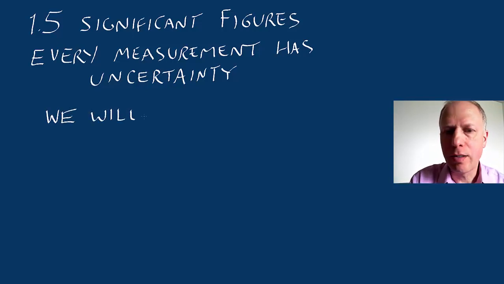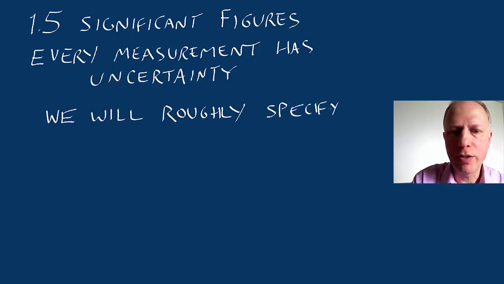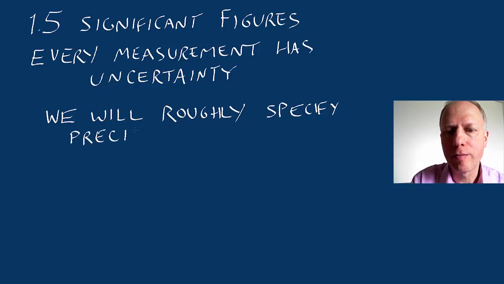So we'll use a simple scheme for roughly specifying uncertainty or precision of values. We will roughly specify precision of values by rounding off our values.